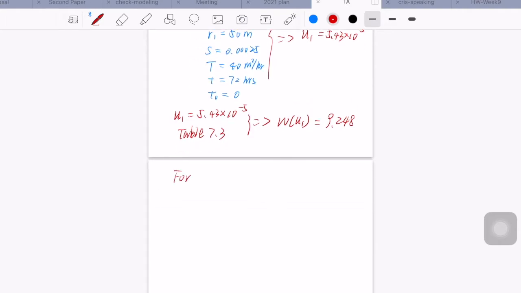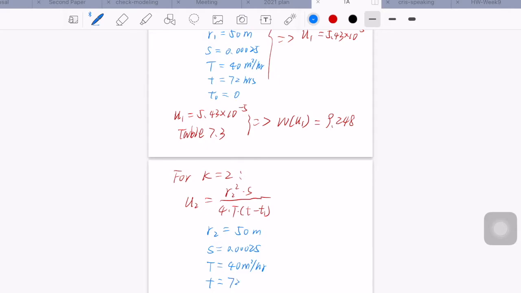And for K equals 2, we know the U2 should be equal to R2 squared times S divided by 4 times transmissivity times T minus T1. And we know R2 equals R1 equals 15 meters. The S is 0.00025. We know the T is 40 square meter per hour. And T is 72 hours.